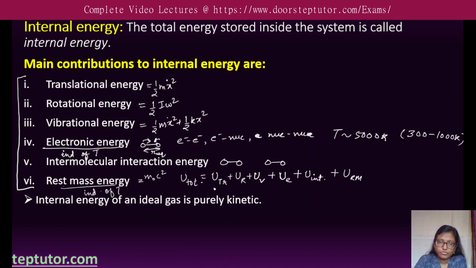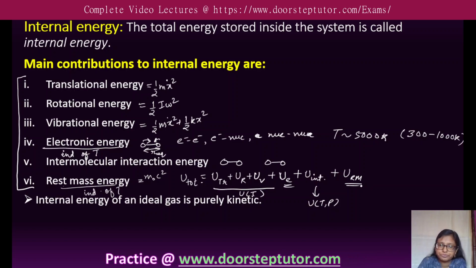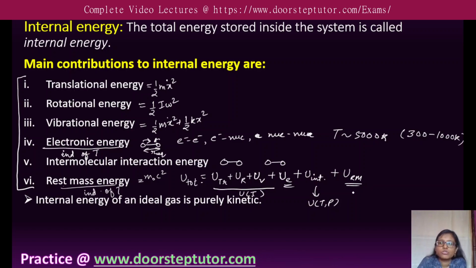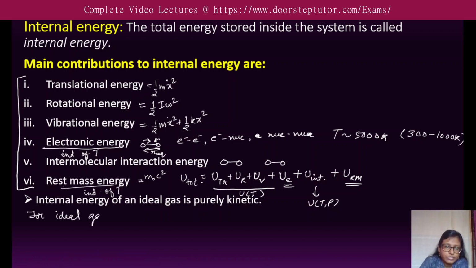Now, these are functions of temperature alone, and this is a function of both temperature and pressure, and these two we have discussed are independent of temperature. So now for ideal gas, we have discussed that there is no intermolecular interaction.